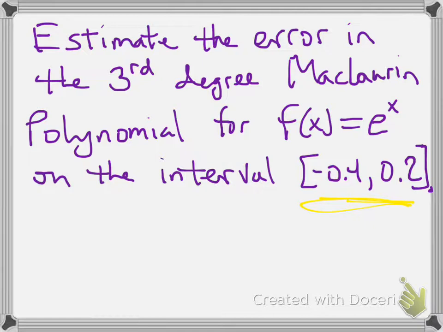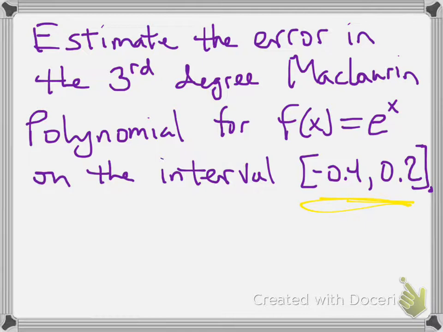So analogously here, I need to take into account how far away from the center I am going to be and give my error bound based on that farthest distance, because again, generally speaking, that will give me the worst approximation. So I've got to take that into account when I work this out.